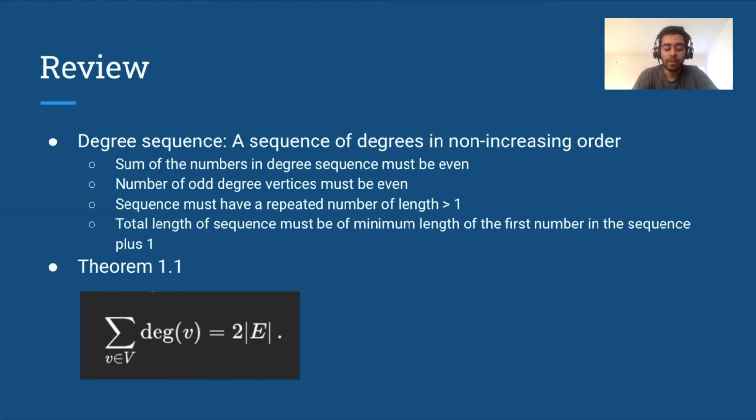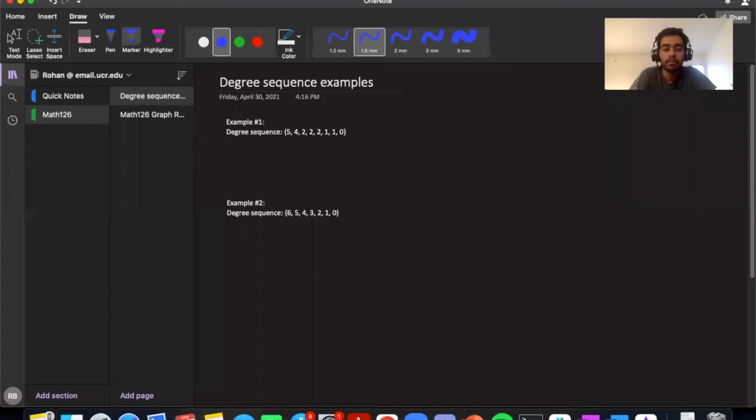Okay, so now I'll be going over some examples of degree sequences that do not satisfy certain conditions. As you can see, the sum in this degree sequence is 21.